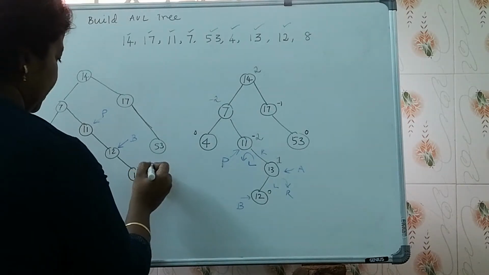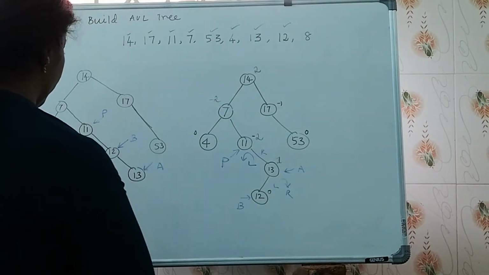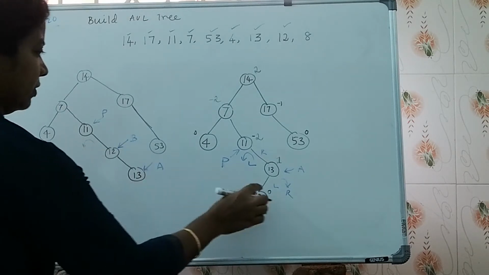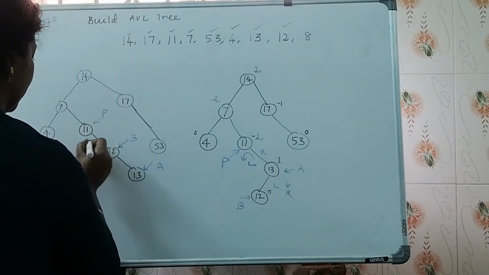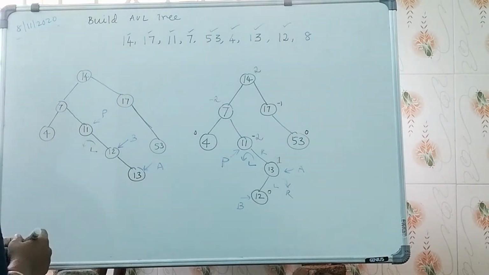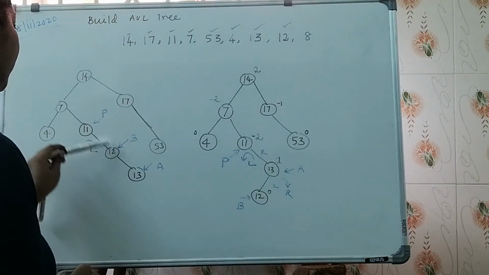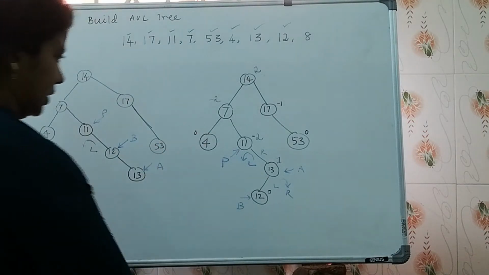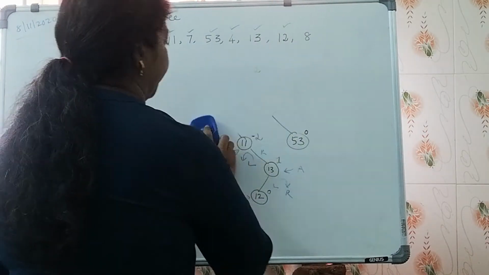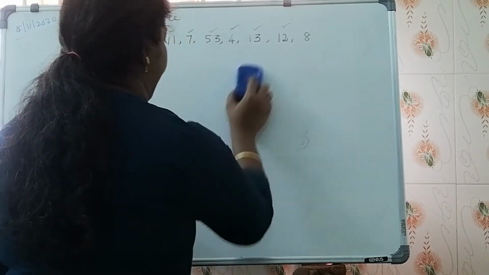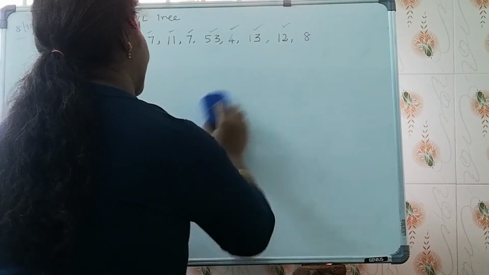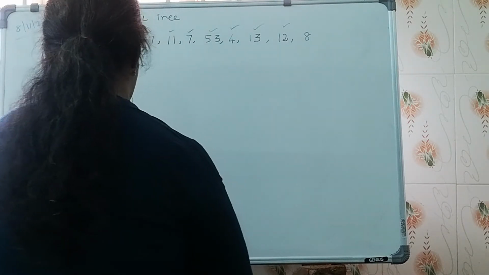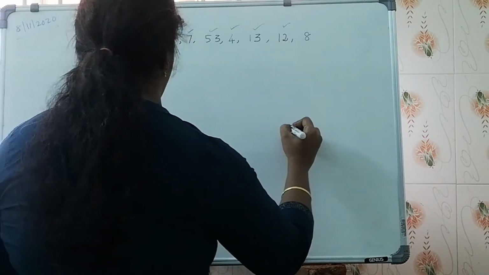Now one more step we have to do. What is that? We have applied right rotation. Now we have to rotate here in the left direction, so that B will come to the root node, B will go down. Okay. So let me erase this portion. Once we rotate, B will go here.